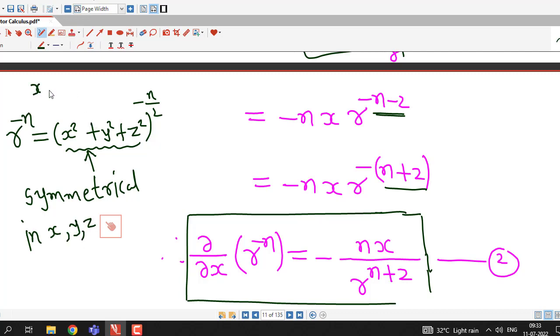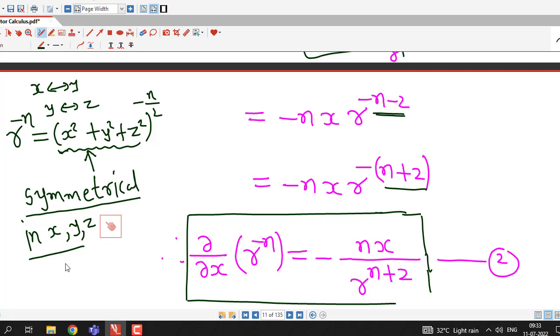That is, if we replace x by y and y by z or any other combinations we do, then the function will not change. The function remains as it is by interchanging these variables. So that type of function is called a symmetrical function. So here r raised to minus n is symmetrical in x, y and z.